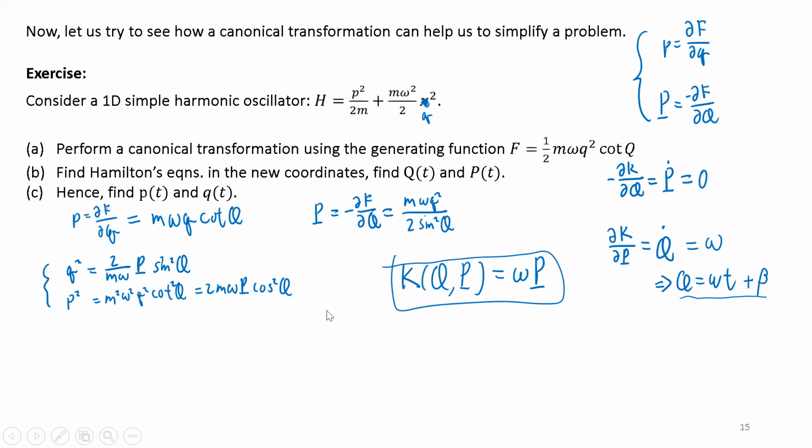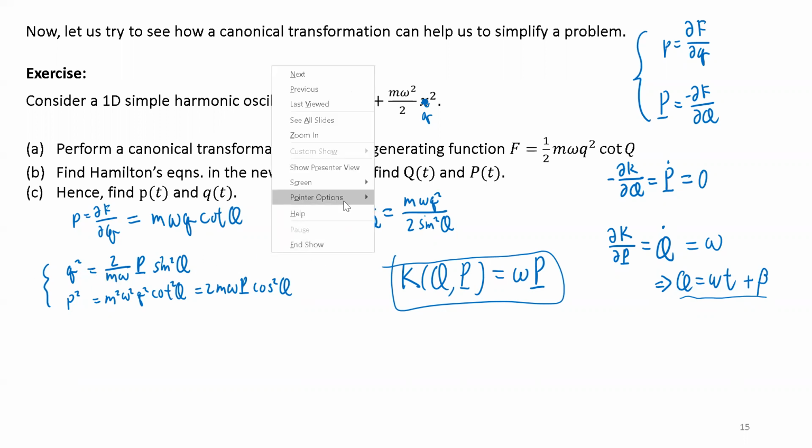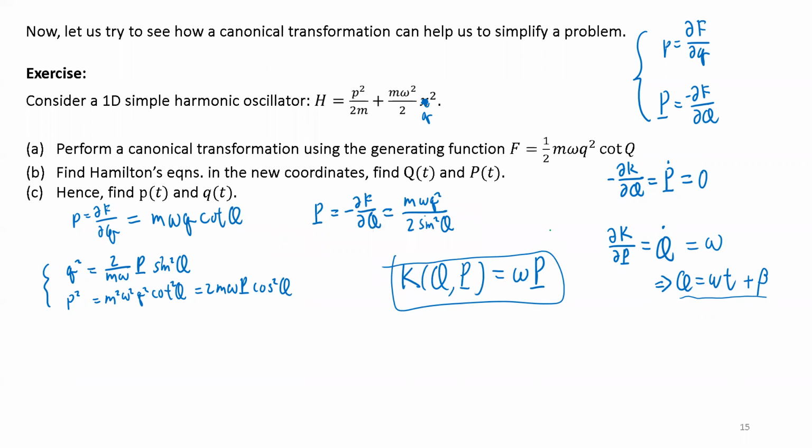So I use this relation and substitute it back here. From here, small q is the square root of 2 capital P divided by m omega, times sine of omega t plus beta.